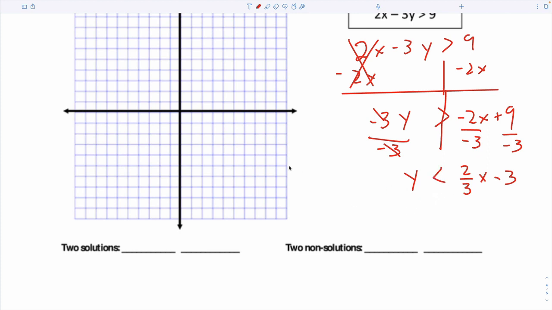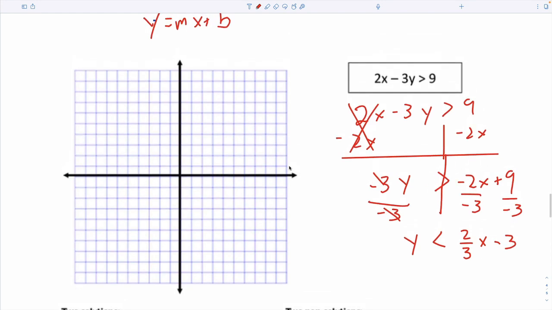From here, let's draw the line. Maya, where do I start? Okay. And what's my slope, Lexi? Up 2 over 3, up 2 over 3.